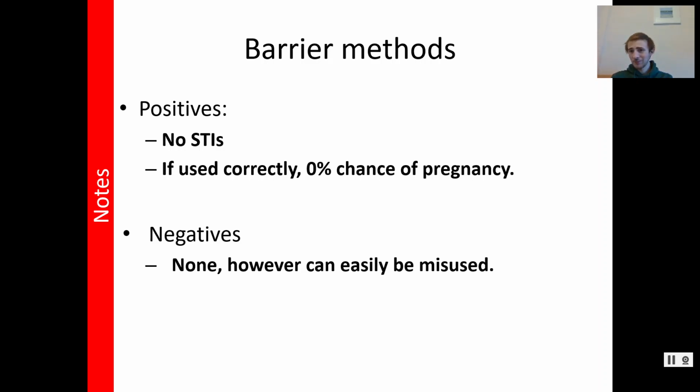Now let's be careful here. This is if used correctly. Nothing is ever used correctly, and in actual fact you're looking at something around the 96 to 97% mark in reality on its own, because the moment that a man starts thinking about sex, and it's likely to happen anytime soon, his body starts producing small amounts of what we call pre-ejaculate.